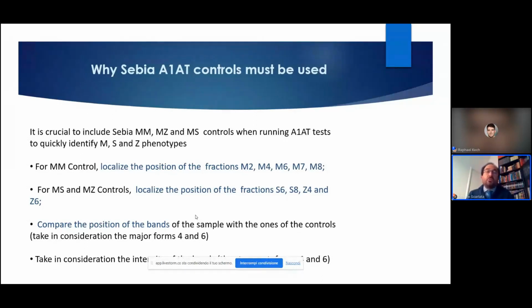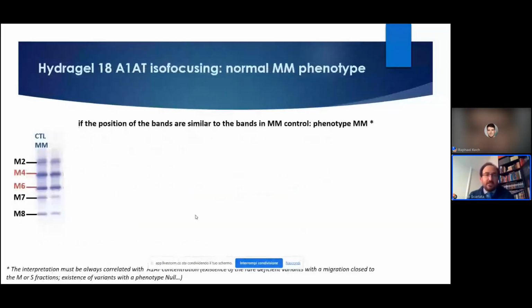What you basically have to do is just compare the position of the bands of the samples with the ones of the controls and look for the observed differences. Just to give you an example, look at how a normal sample is similar to the related control.